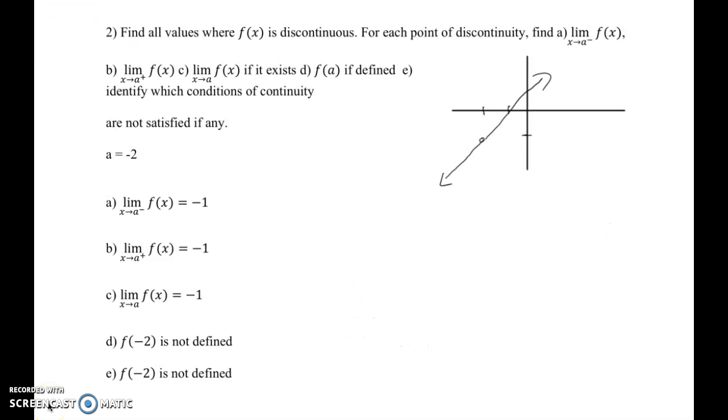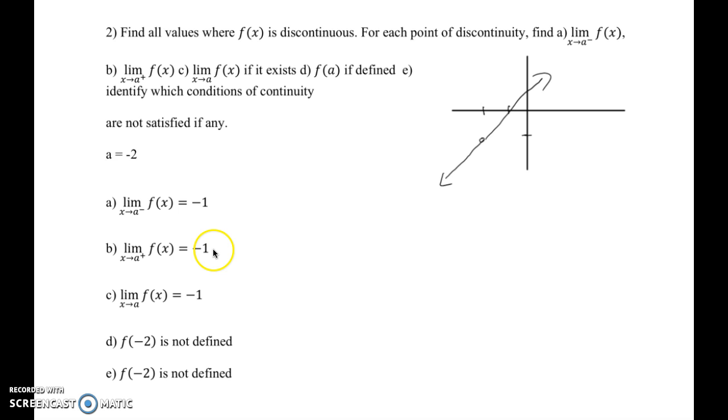For this second example, we want to do all the exact same things, and we see that it is discontinuous. We want to find the limit from the left and right, see if it exists, see if it is defined at f of a, and look at what kind of discontinuity we have. So when a is equal to -2, approaching from the left-hand side, we approach -1.